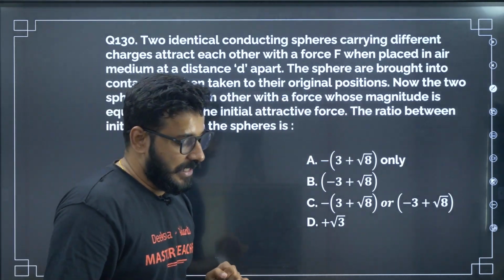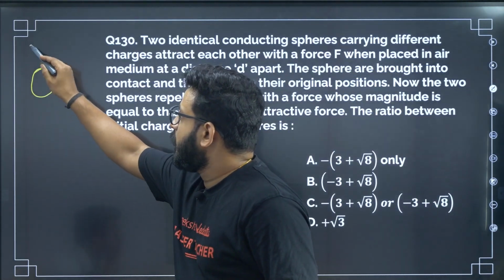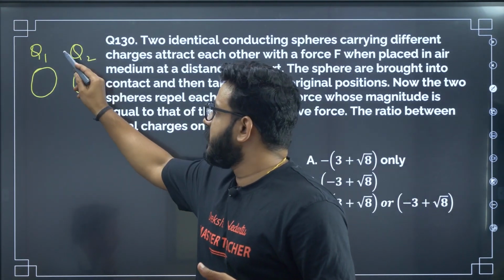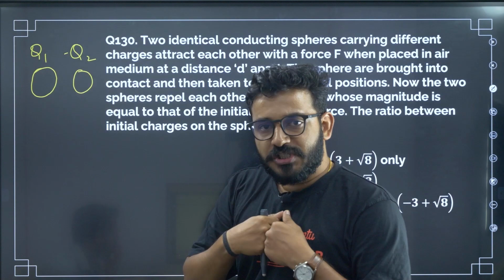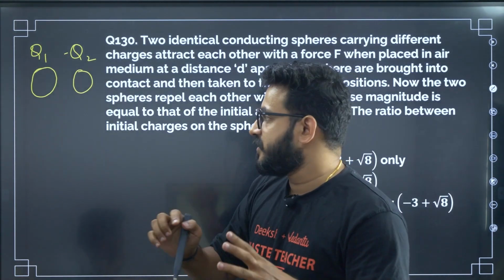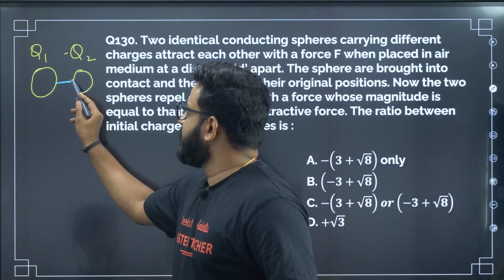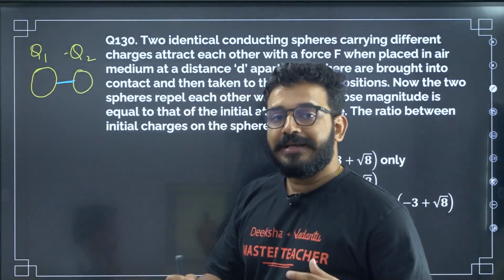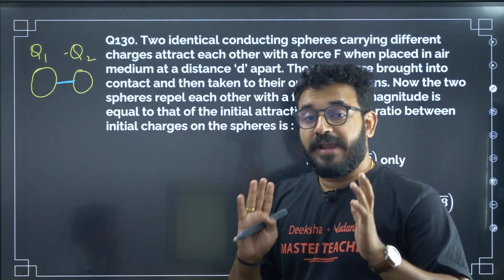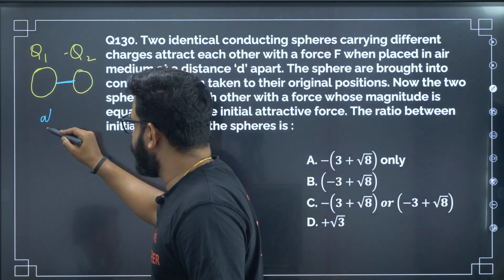Ratio between the charges is, see, first of all, you have two spheres, okay, Q1 and Q2. Alright, they are identical, same size. One is positive, the other is negative because there is attraction. Now when you touch two identical conducting spheres, charges will distribute such that they will attain similar potential, and since they are identical, they both will ultimately end up with the same final charge after contact.